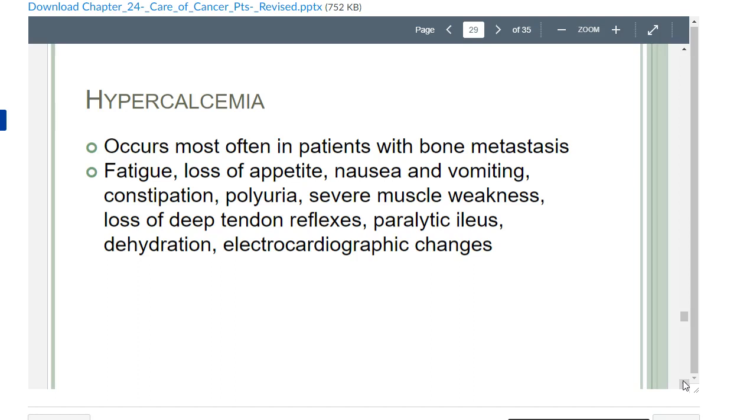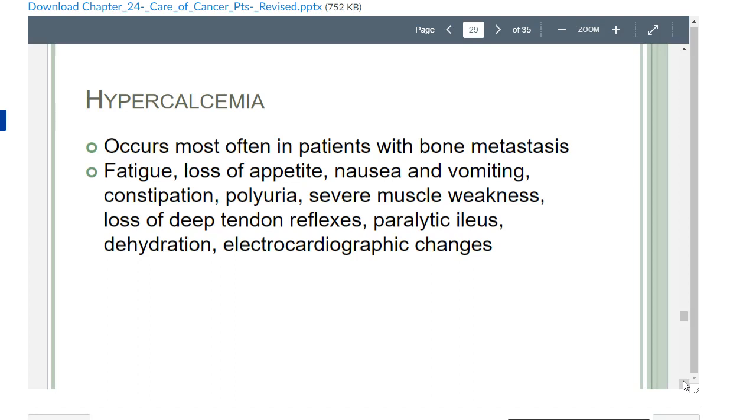They don't move around as much. So because of decreased mobility and dehydration, the hypercalcemia worsens, okay? This can very slowly happen. We don't see it really like emerging, but it may not become evident until the serum calcium levels are greatly increased, okay?